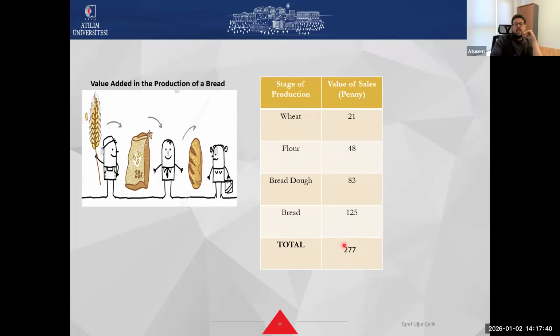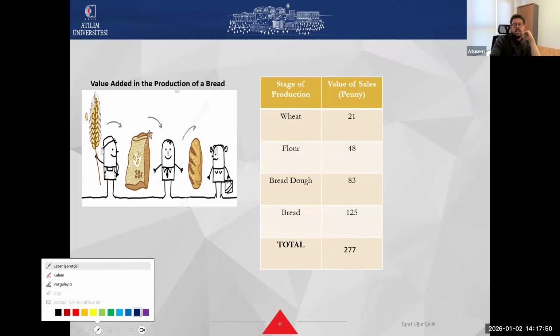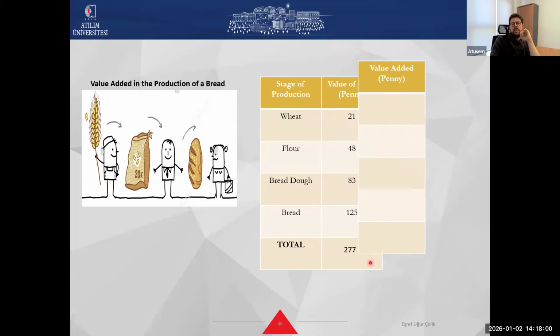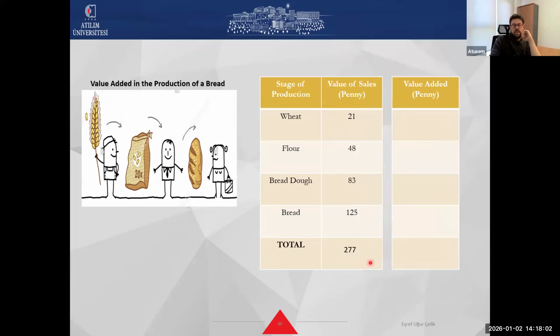So if you say the 277 value can be included in GDP, that is not true. That is the double counting error. So the answer is not 277. Rather, we make the value added process.